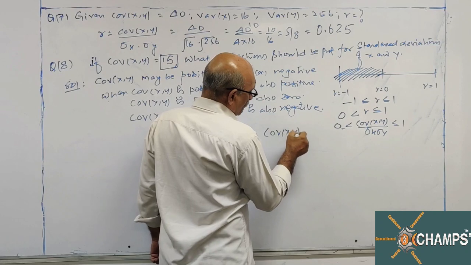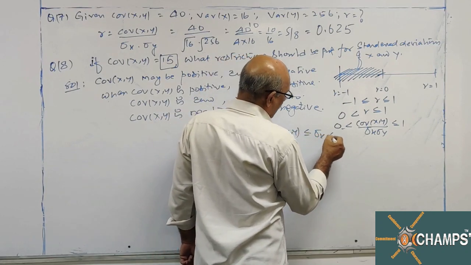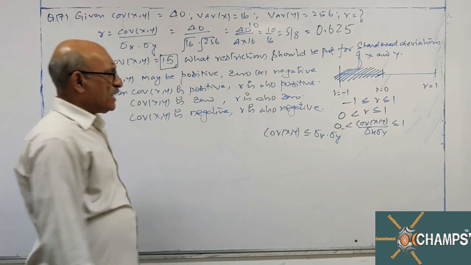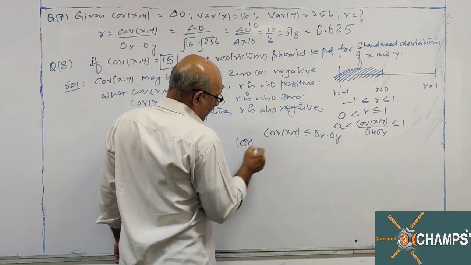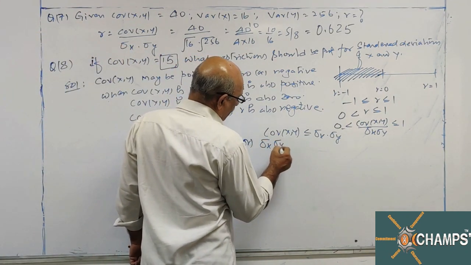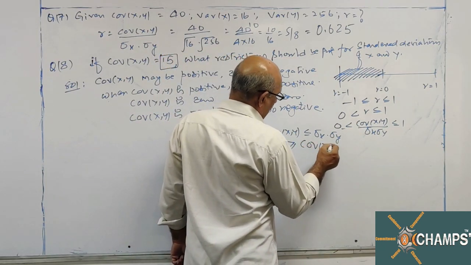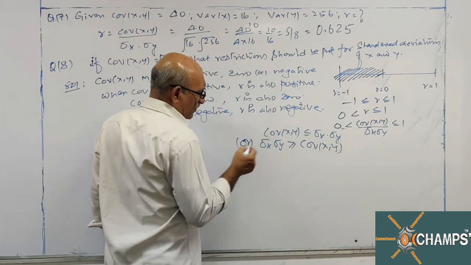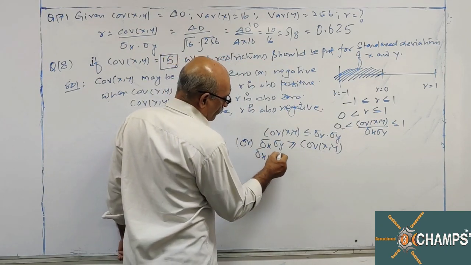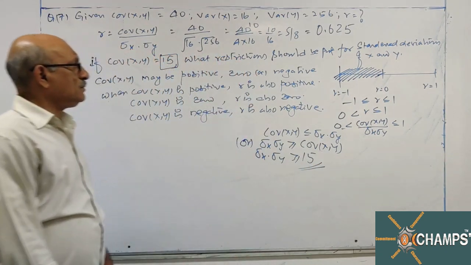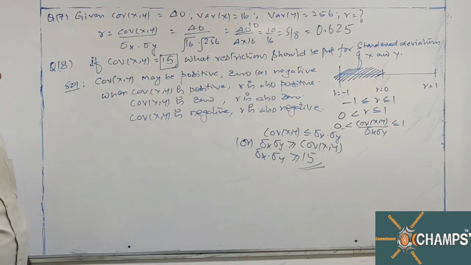So covariance of x comma y must be less than or equal to standard deviation of x into standard deviation of y, or standard deviation of x into standard deviation of y must be greater than or equal to covariance of x comma y, greater than or equal to 15.